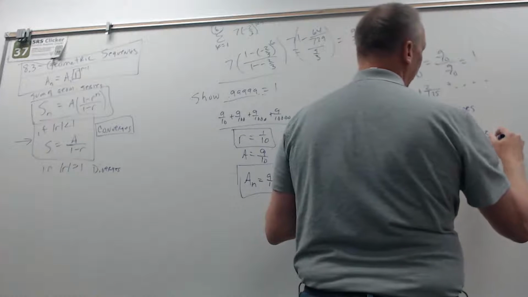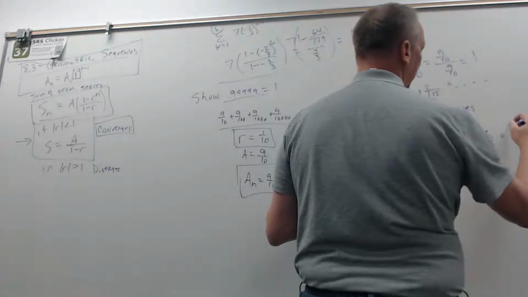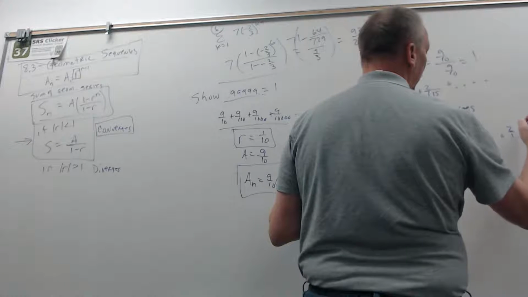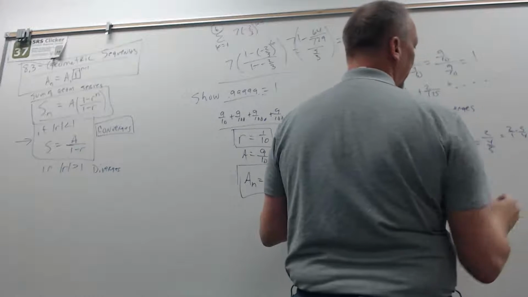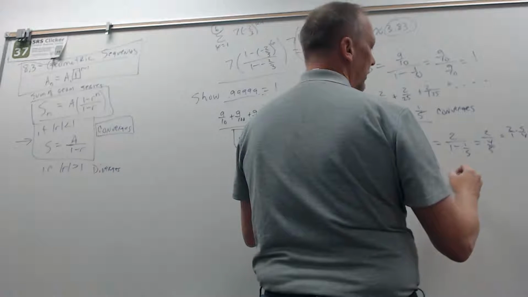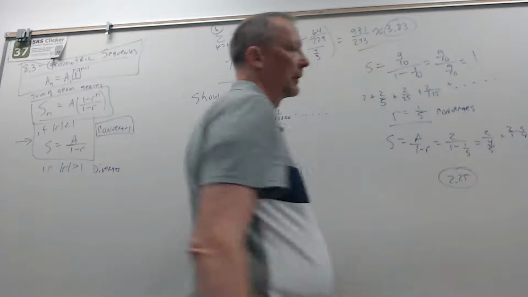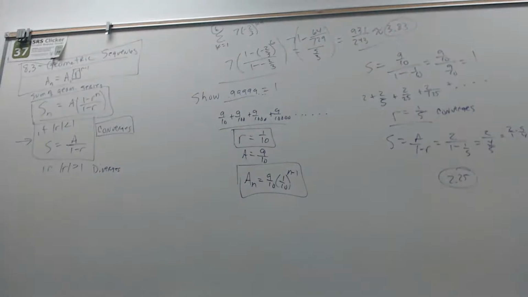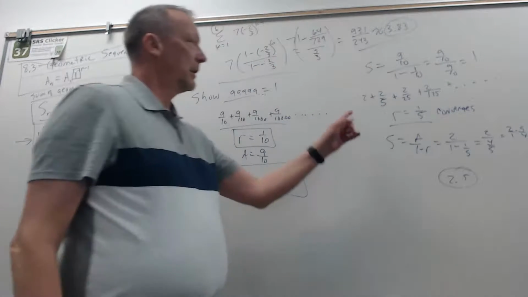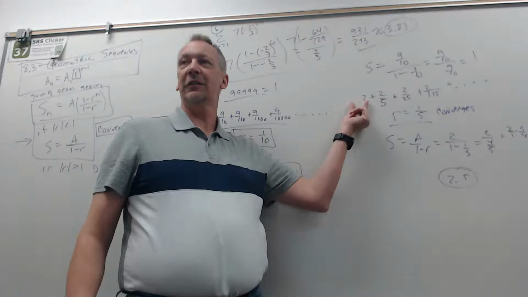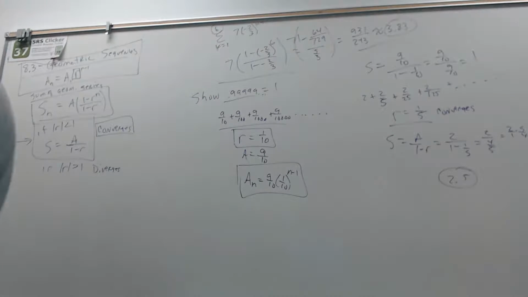So 2 divided by 4/5 is the same thing as 2 over 1 times 5 over 4, which is 10/4 or 2.25. Isn't it 2.5? 2.5, you're right. Okay? This sum, we started at 2, it's never going to get more than 2.5. Okay? Does that make sense?